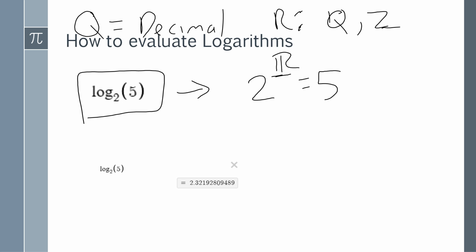So put the stuff in the calculator in decimals, and you get your answer. Simple. Don't even waste time on it. And again, that's only when you cannot find an integer exponent. Let's move on.